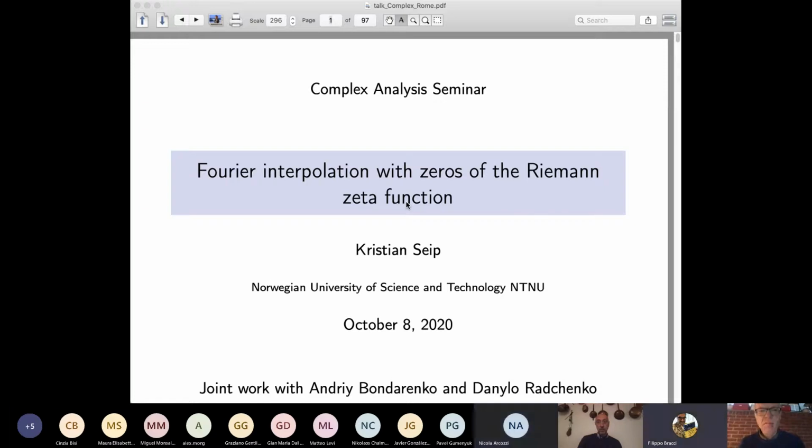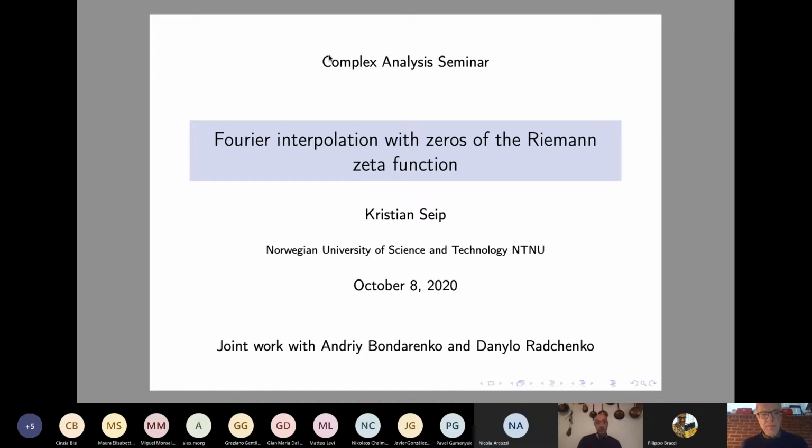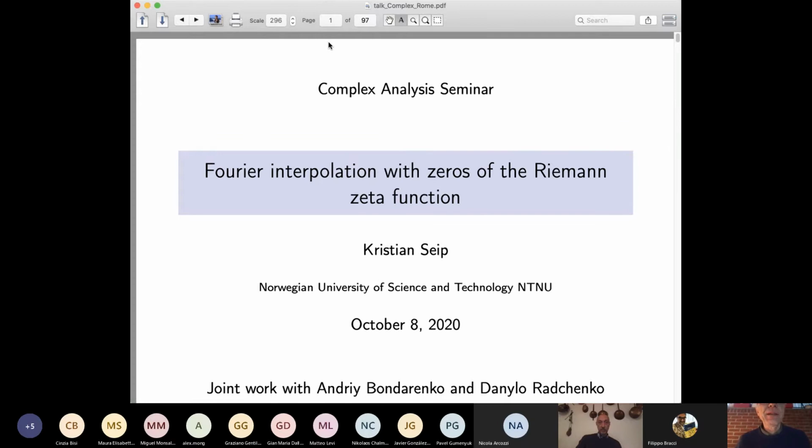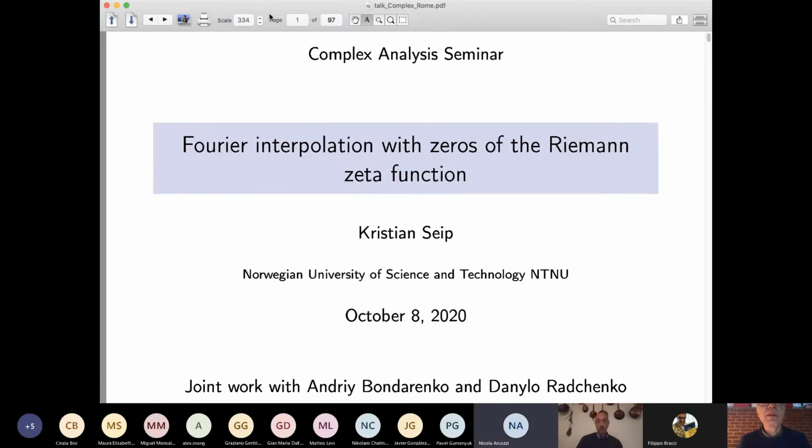Maybe full screen would be better, but can you scroll the page down? No, I cannot. So this didn't work.